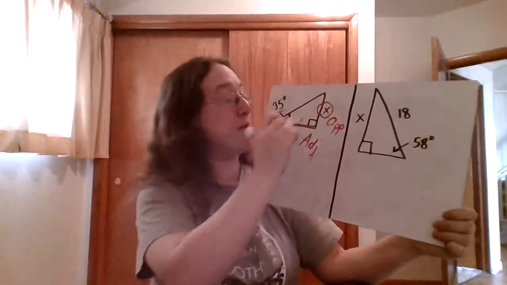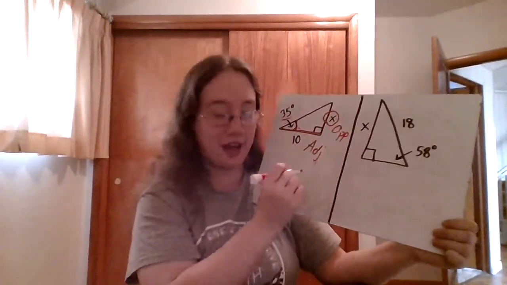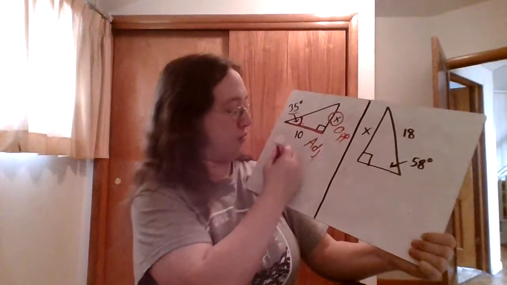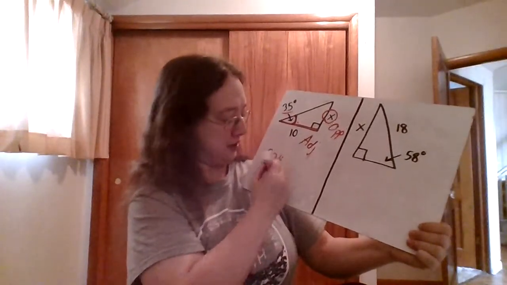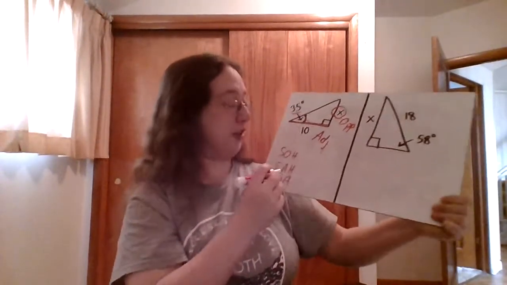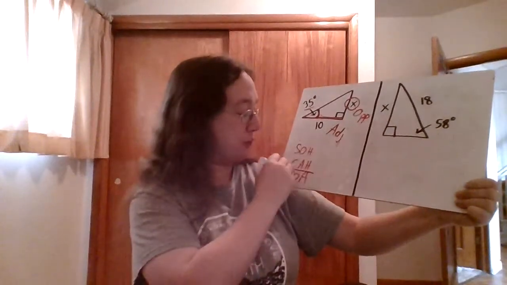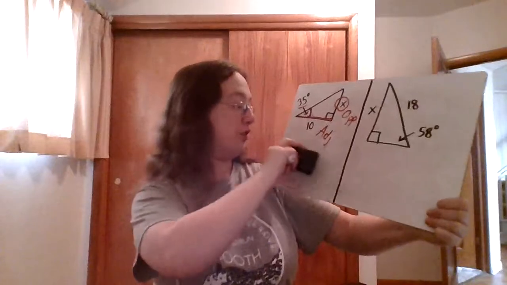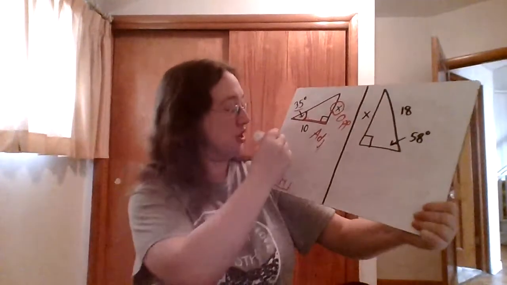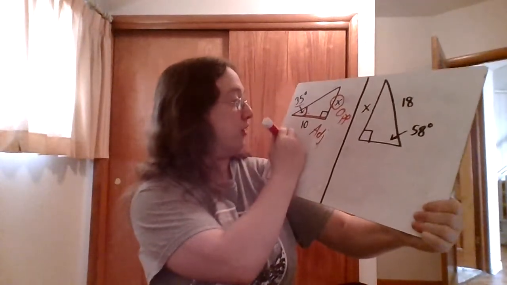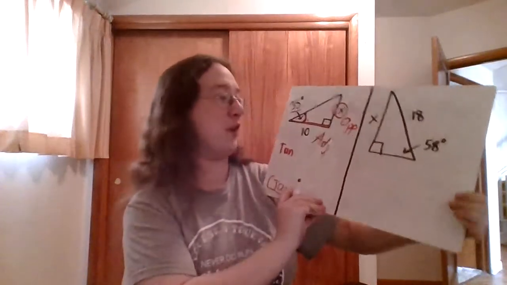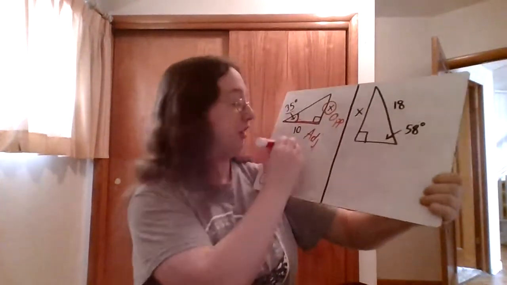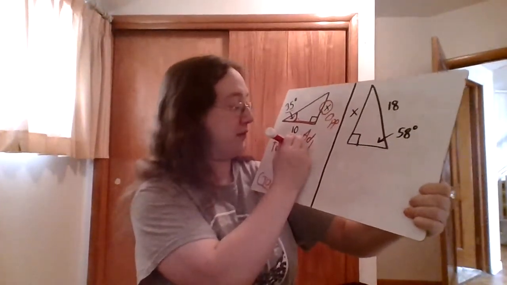So if we've got our opposite and our adjacent side, if we're thinking back to SOH CAH TOA, we know our tangent is our opposite side over our adjacent side. So the tangent of that angle, and instead of calling it angle A or angle B or angle whatever, I'm going to call it the tangent of 35.